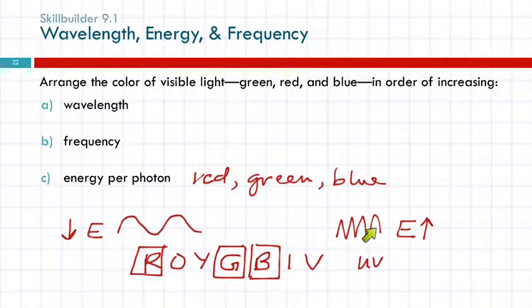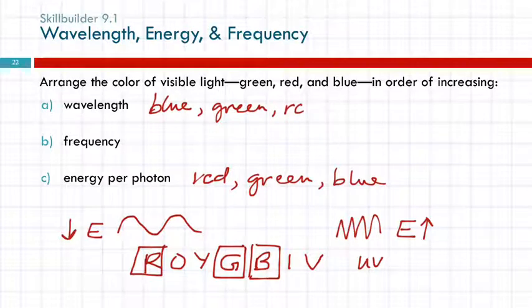And this must be the short wavelength. So we're going in order of increasing wavelength, which is the shorter wavelength. The blue. And the next longer, green. And the longest wavelength is the red. Because this is the wavelength.